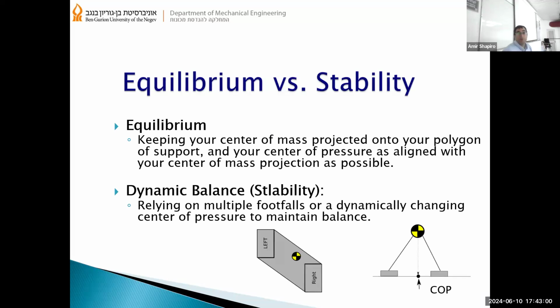In equilibrium, the projection of the center of mass of the robot must be above the support polygon.